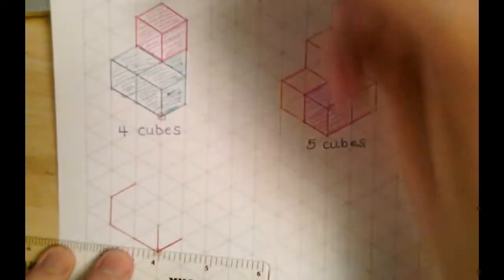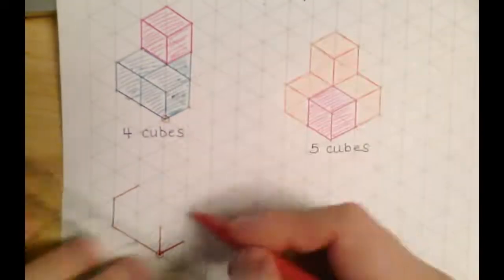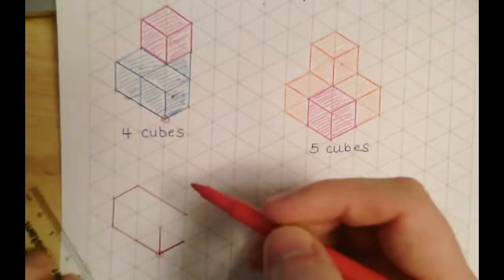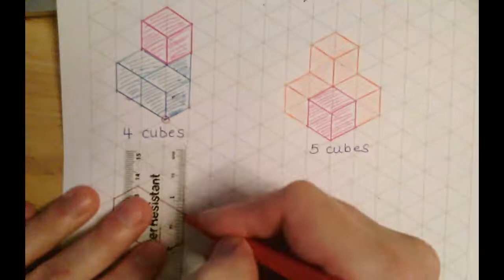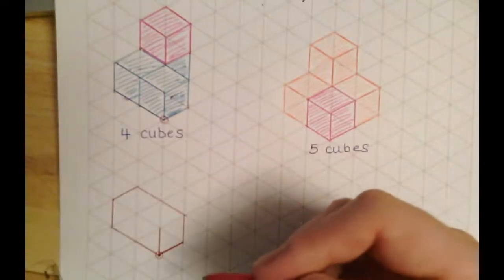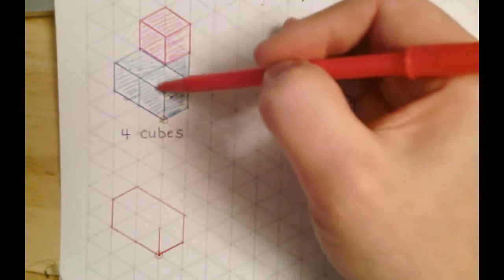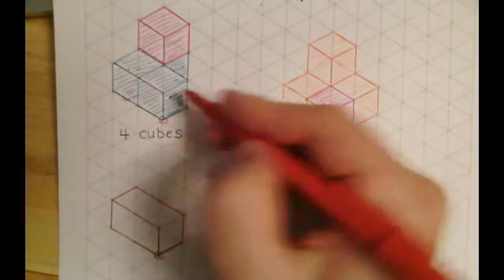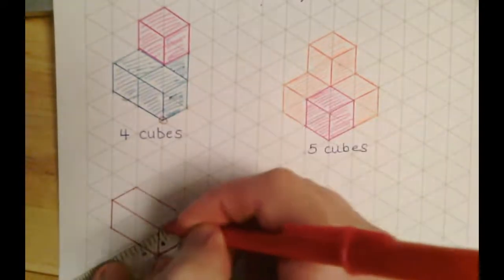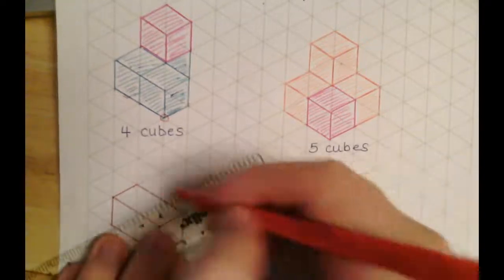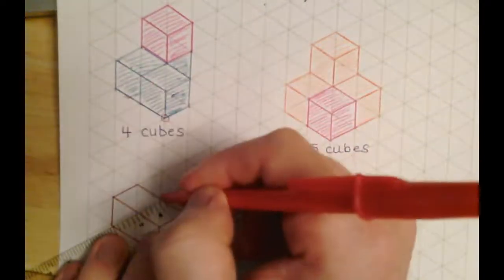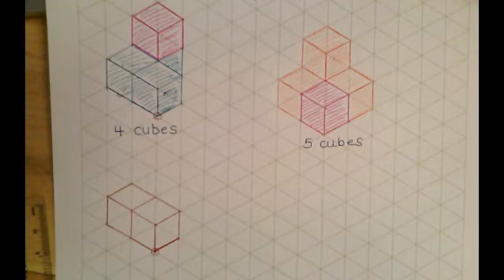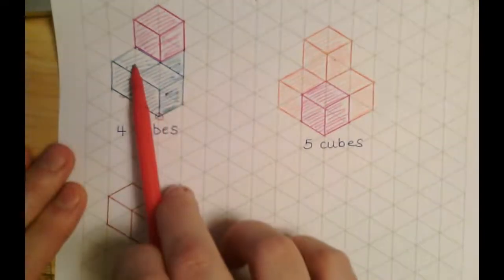This part here, and this part here. It's going to go there. This line here is this line there. This bit here is there. This line here is there. And then I'm going to split them up. So that part there is that part there. So I've drawn this one, this one.